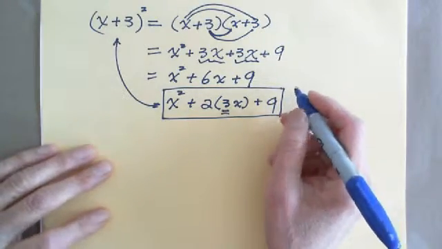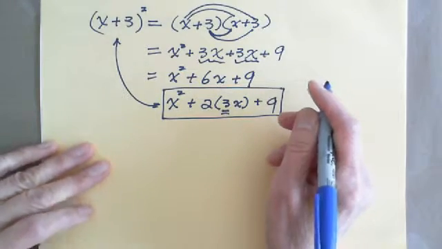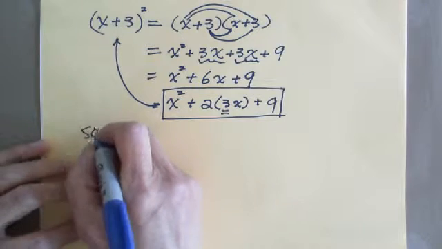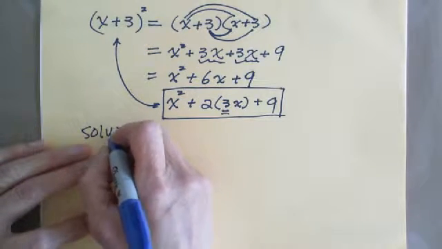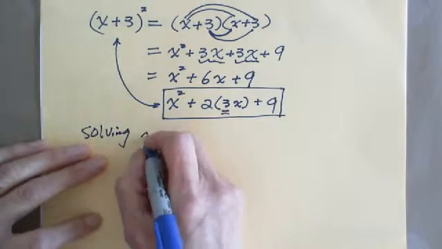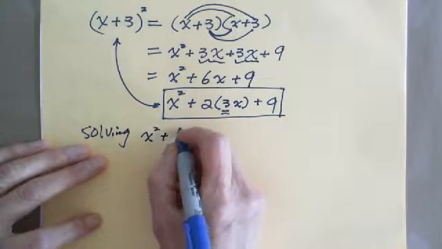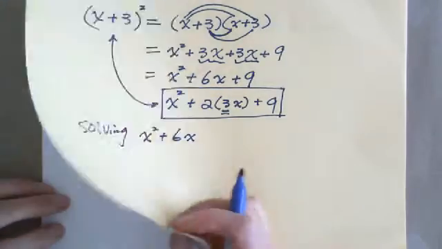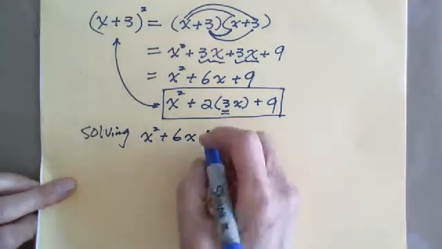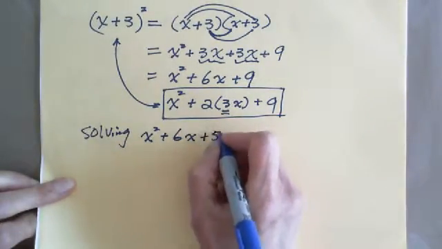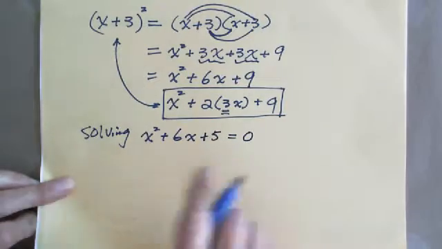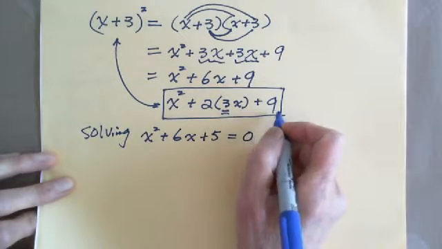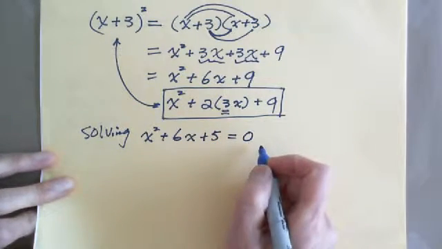So let's try one question. Solve the quadratic equation x squared plus 6x plus 5 equals 0. A perfect square would have plus 9, but now it's plus 5.